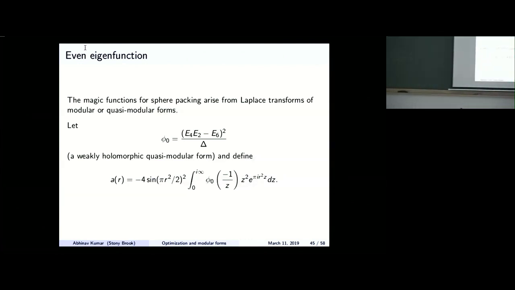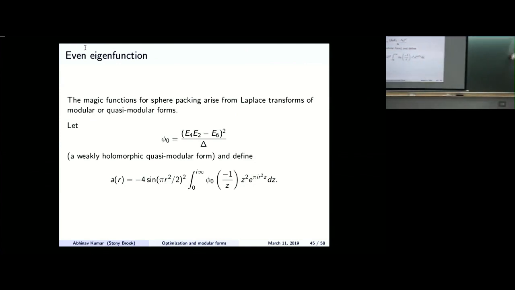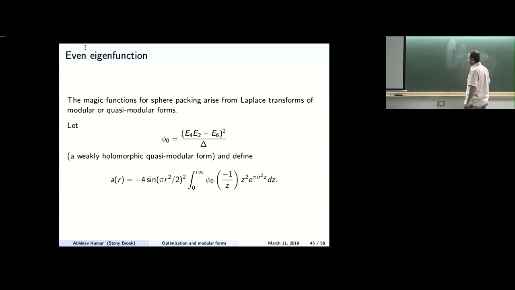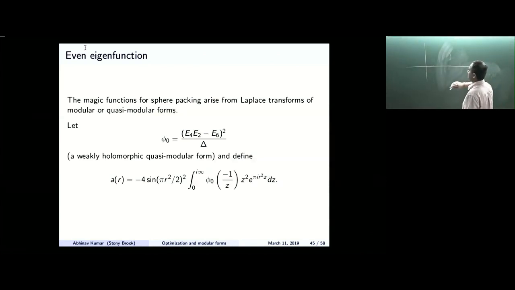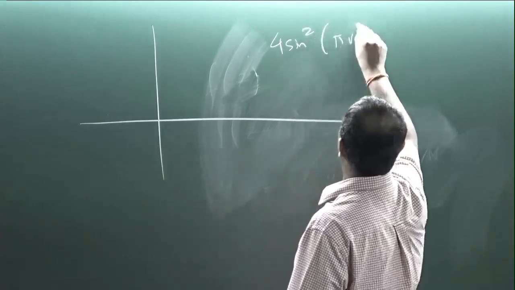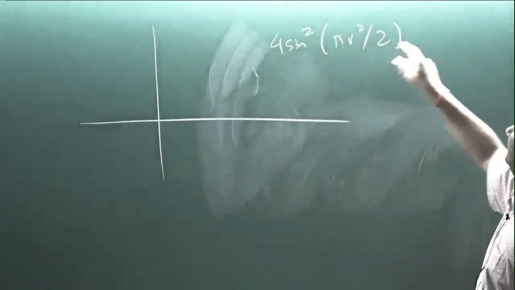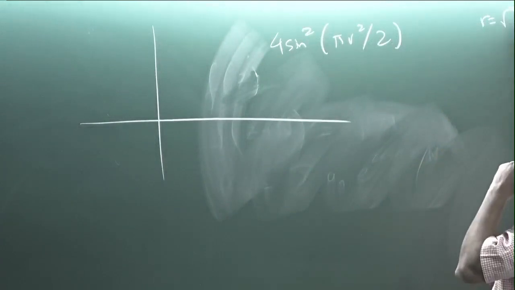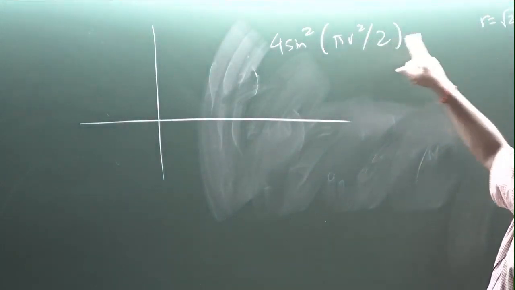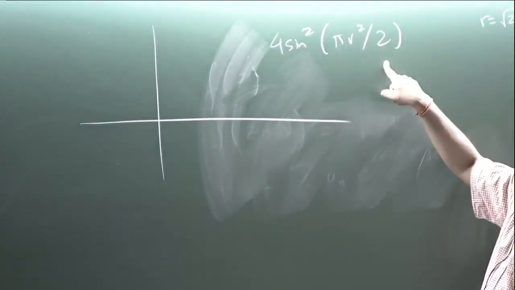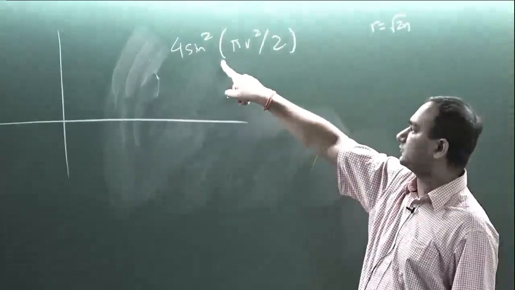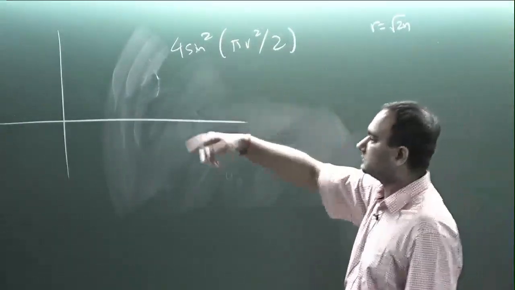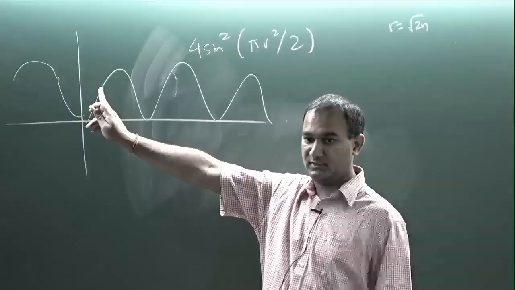Let me say one thing about the function outside, which almost gets you all the way, and which is one of Viazovska's insights. What does 4 sine squared of pi r squared over 2 look like when r is the square root of an even integer? Then r squared is an even integer, so this argument is just a multiple of pi, and so the sine of it is 0, and sine squared has a double zero there.